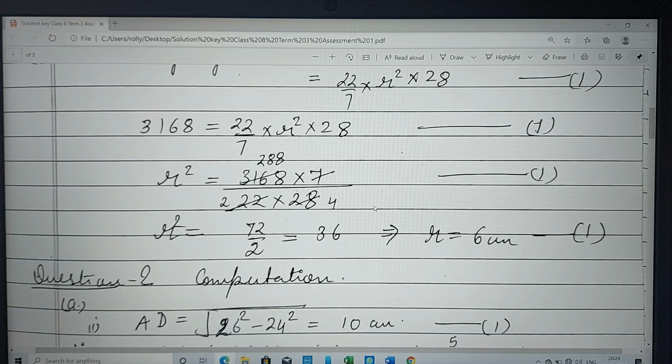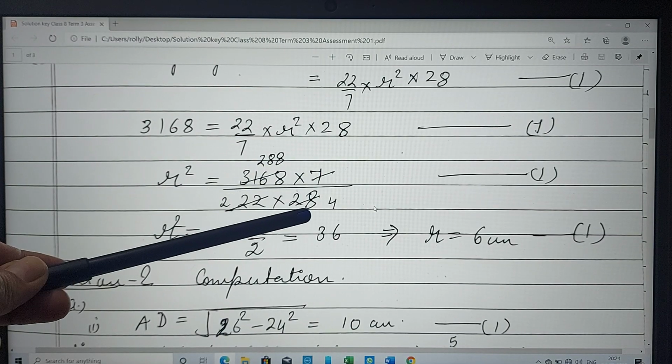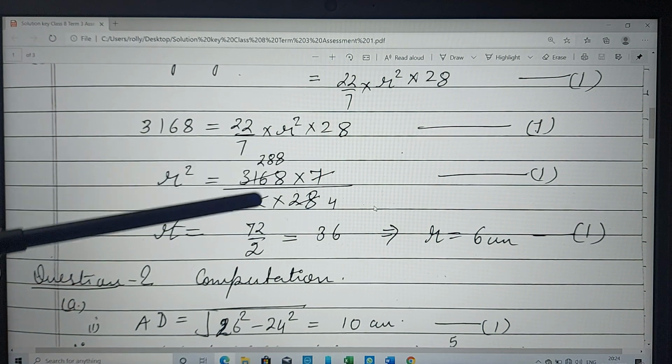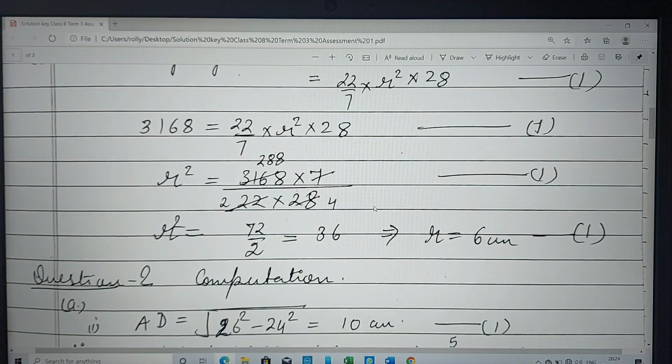Now we will cancel. 7 and 28 have been cancelled, and it is cancelled by 11. So basically we have got r square is equal to 36. So r will be equal to under root 36, that means 6 centimeter. So the radius of the cylinder whose volume was 3168 and height was 28 centimeter is 6 centimeter. Clear?